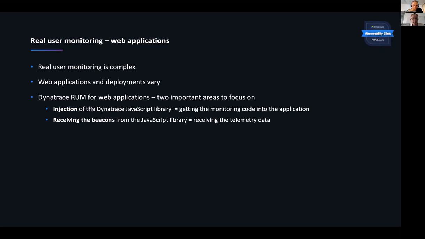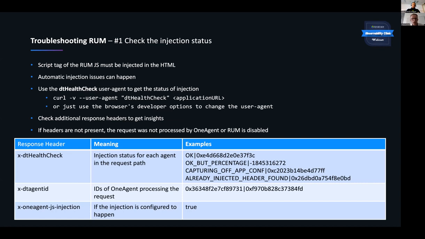And the second important area is about receiving the data back. One thing is getting the library, so you can collect the user telemetry data, and then it's about getting the data back into Dynatrace. So what can you do about the injection status, how can you diagnose?